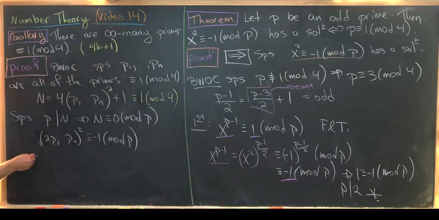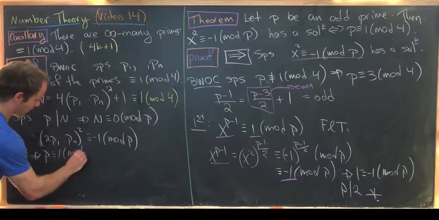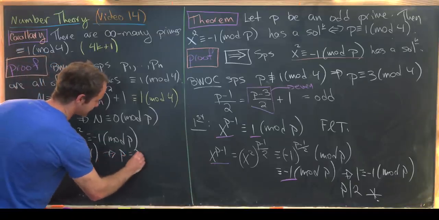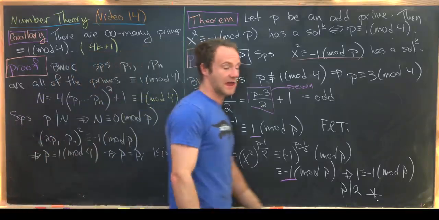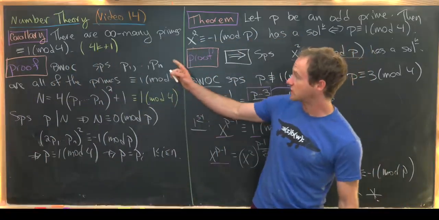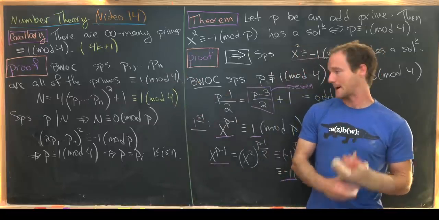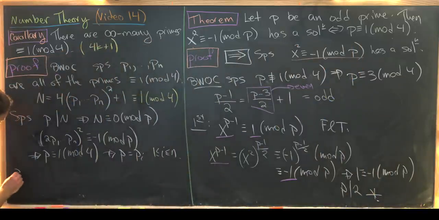So let's point that out. This tells us that P is congruent to 1 mod 4, but in turn, that tells us that P is equal to Pi for some i between 1 and n, because our assumption was that this was all of the primes. Okay, but let's see what we've got. We've got that Pi divides N. That's just rewriting this with Pi.